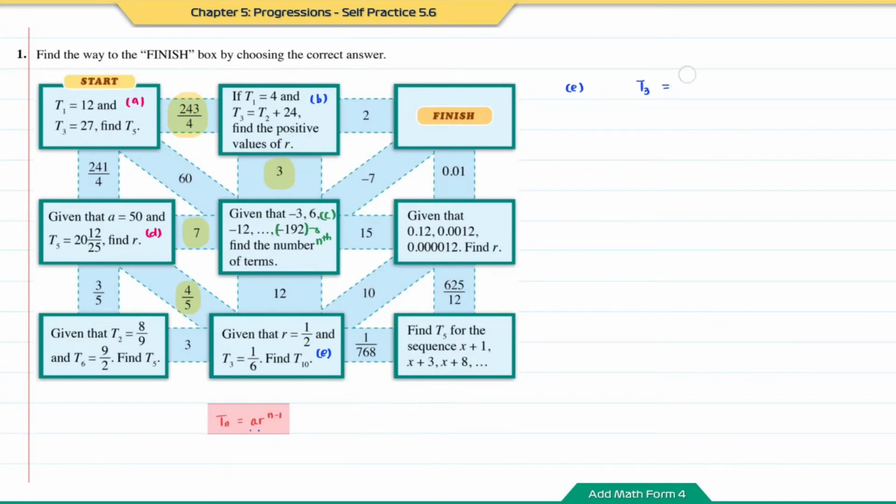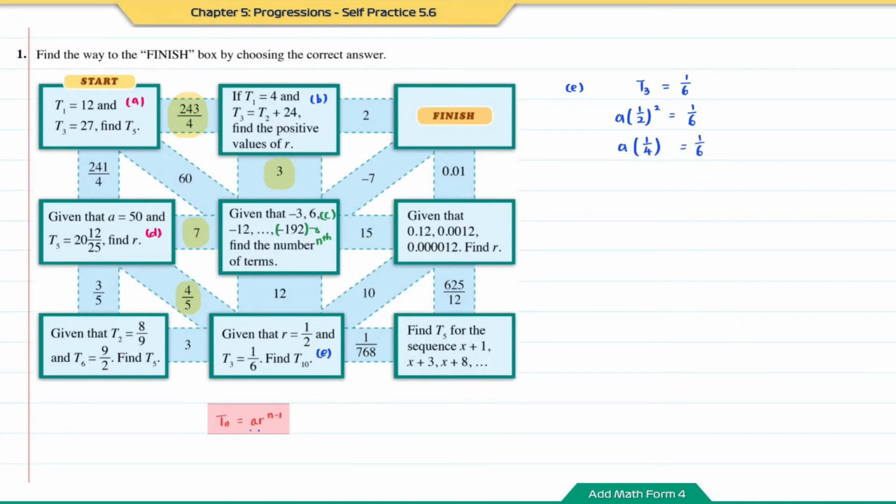The third term is equal to 1 over 6. So the T3, we can replace it with the AR to the power of 3 minus 1. We know that the R is equal to 1 over 2. So 3 minus 1 is equal to 2. So 1 over 2 to the power of 2 is equal to 1 over 4.